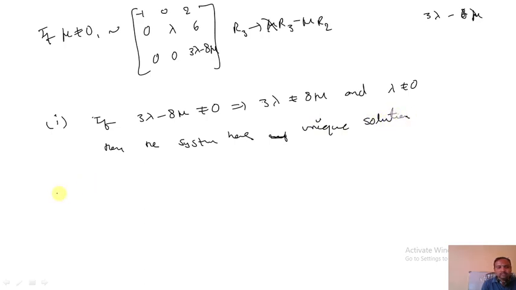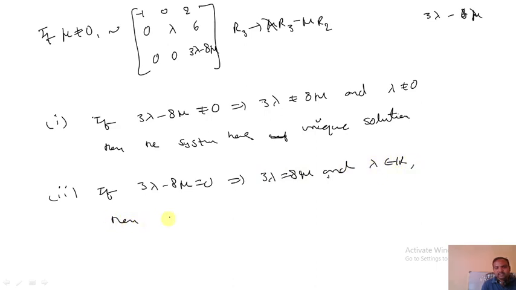Second, suppose 3 lambda minus 8 nu equals 0. Whether lambda is 0 or non-zero doesn't matter. That is, 3 lambda equals 8 nu, and lambda can be any real number.